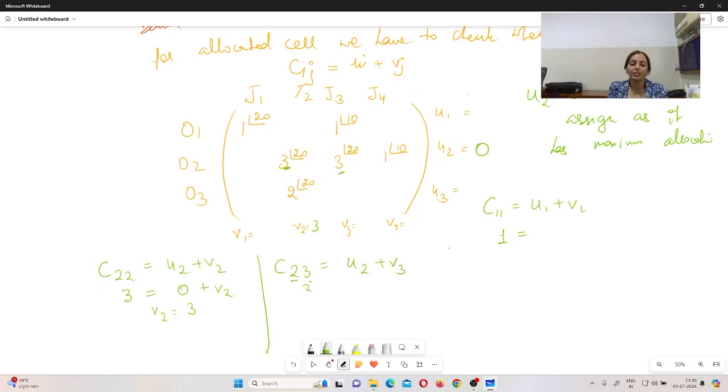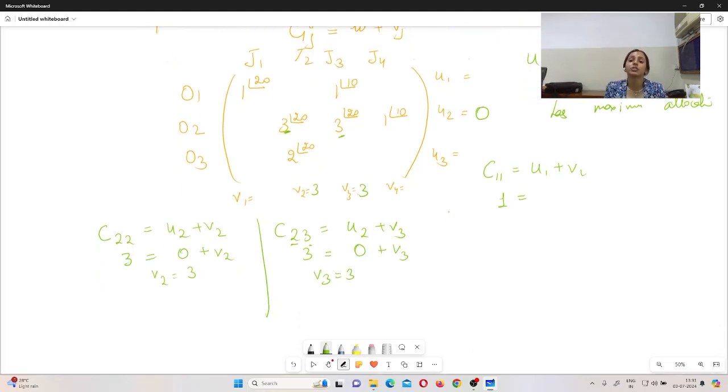So write it over here as 3 is equal to, what is U2? Check it on the point. It's 0. Now again, are we able to find the value of V3? Yes, we are able to find out the value of V3 and that is again 3. So write it over here as 3. Right, we started with the row 2. Why did we start? Because we have given the maximum allocation over there and that is U2.